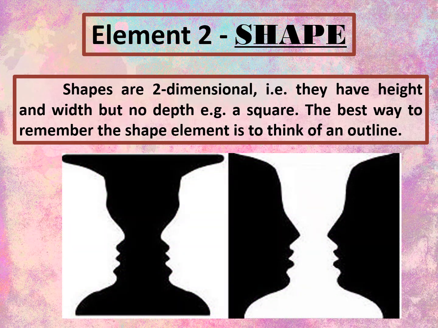So yung nakikita nyo sa picture, on the left side you can imagine a cup or a goblet, right? If we look at the right side and focus on the black color, mapapansin natin may dalawang muka. So that is how the shape works in arts.